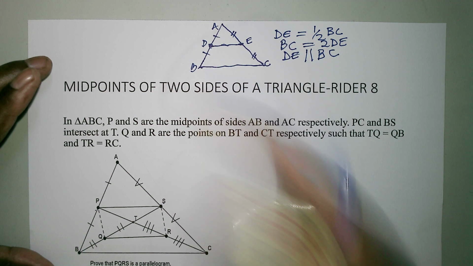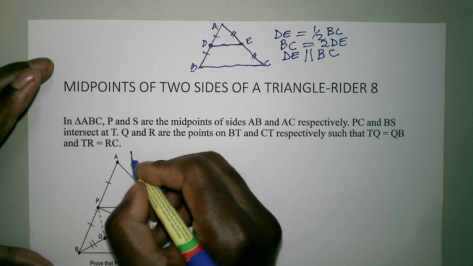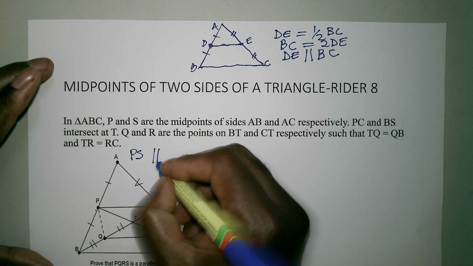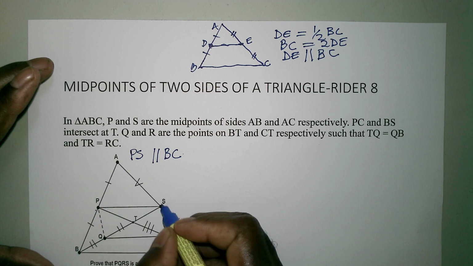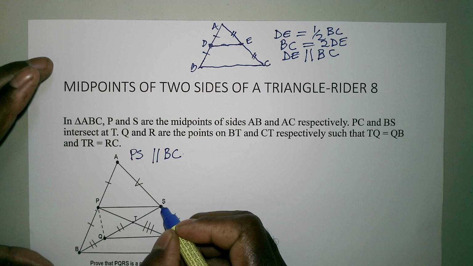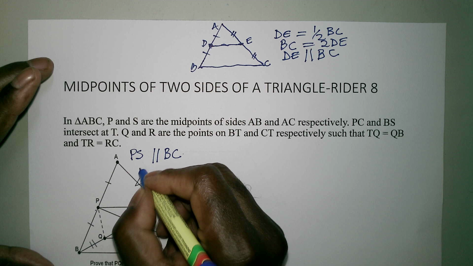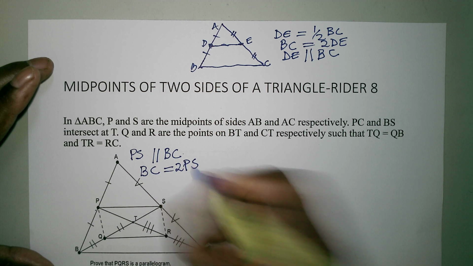If we were to use this sketch, it shows that PS will be parallel to BC. Once a line segment joins two midpoints of two sides of a triangle, then that line segment will be parallel to the third side. And what we know is that PS is half of BC, which simply means BC is twice PS. Okay?